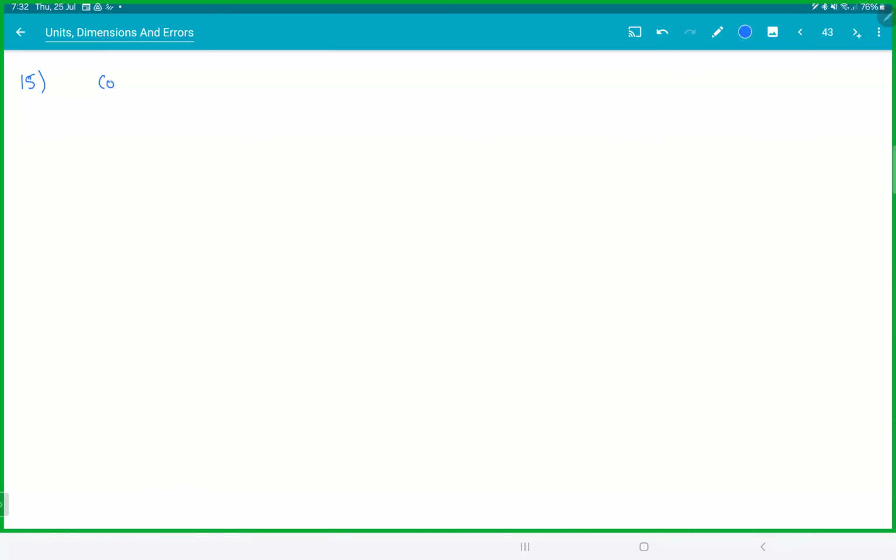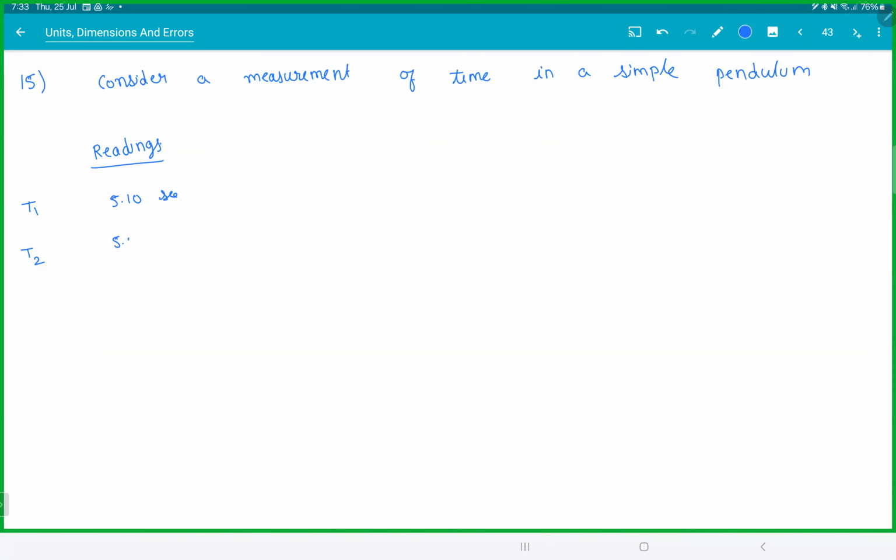Consider a measurement of time. They do ask questions like this. In a simple pendulum, you are trying to find the time period of a simple pendulum. So these are the readings. T1, 5.10 seconds. T2, 5.20 seconds.